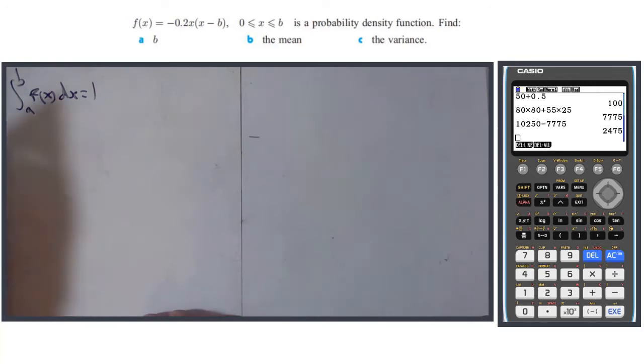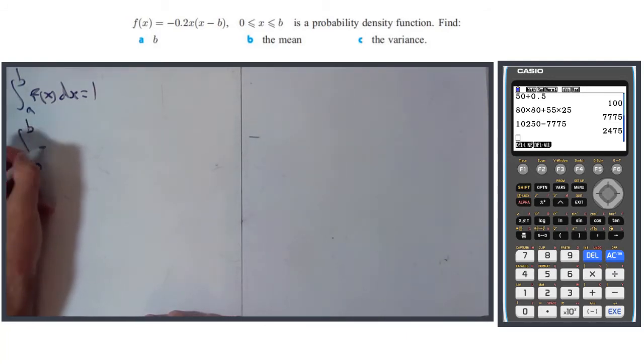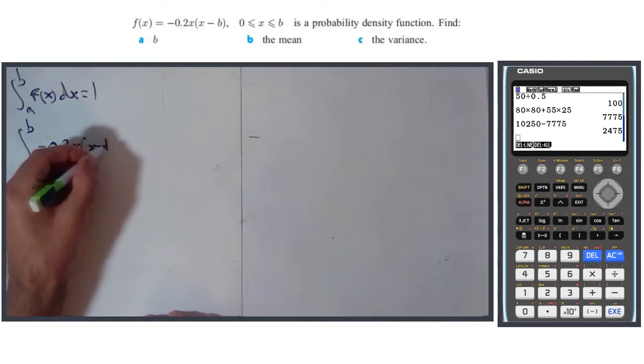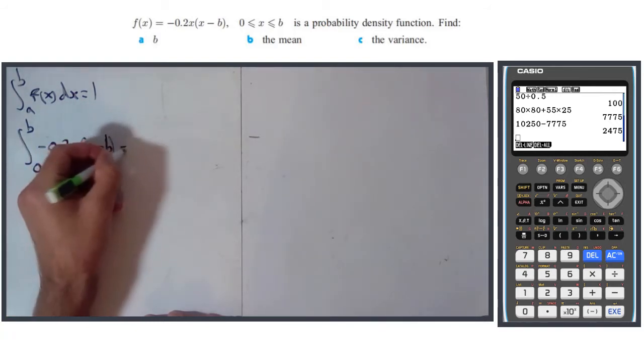So for our particular case, the integral from 0 to b of -0.2x(x - b) dx equals 1.